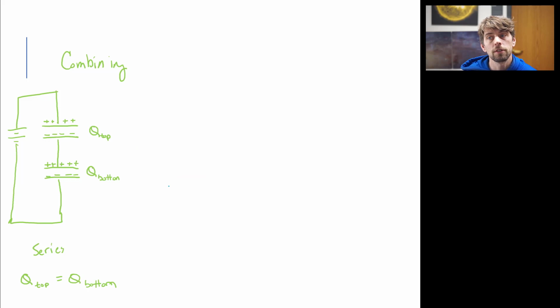Okay. So let's think about how we can use that to simplify this expression. And we will return to the parallel one in a moment. Let's pretend for a moment that we are interested in finding the total potential energy stored in this arrangement of capacitors.